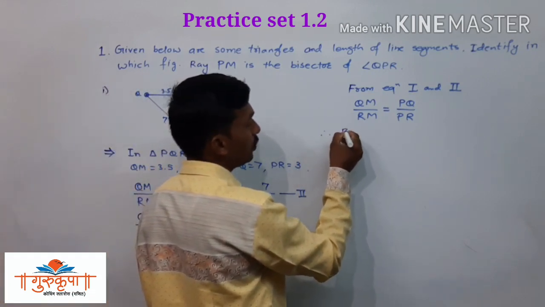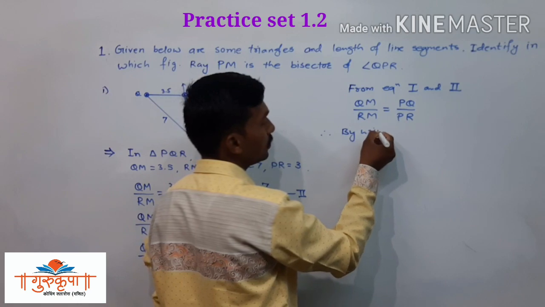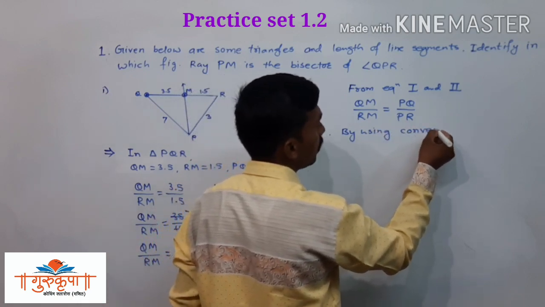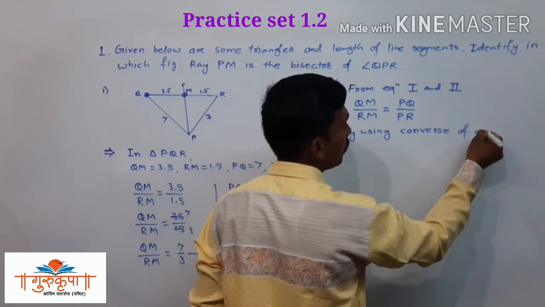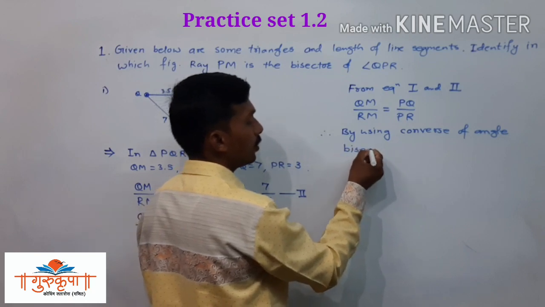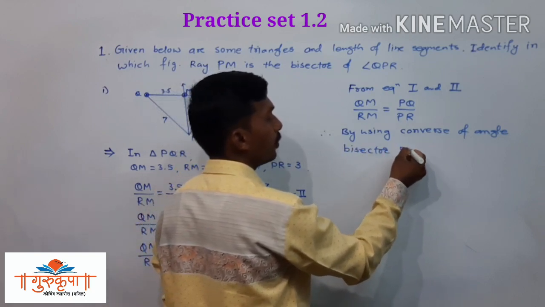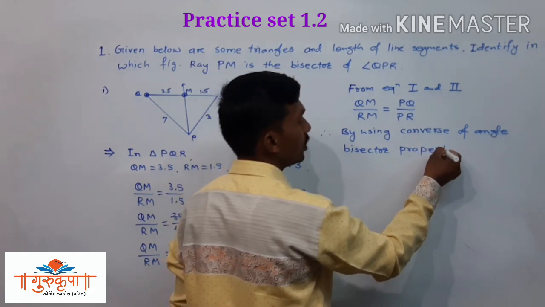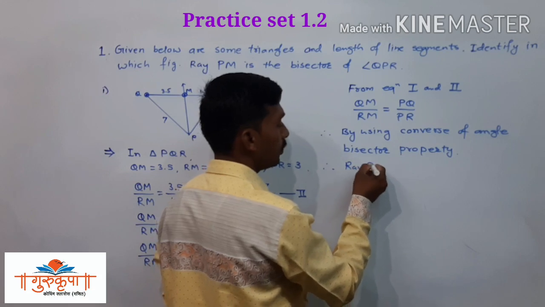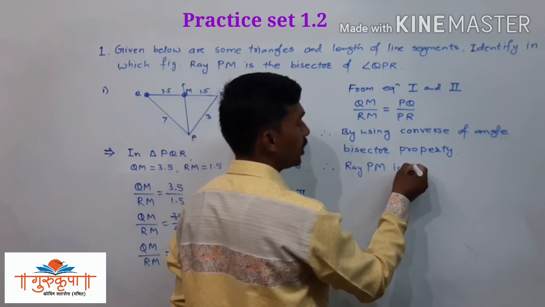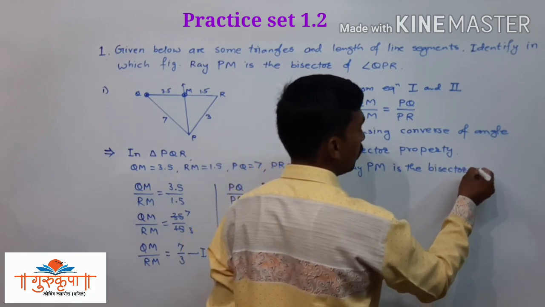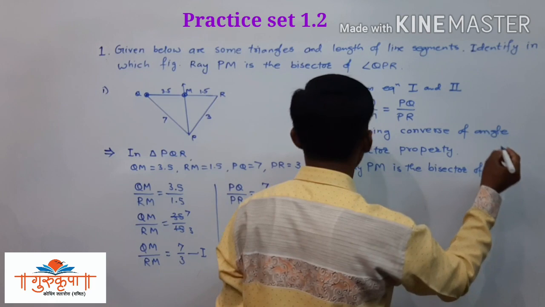Therefore, by using the converse of the angle bisector property, we can write that ray PM is the bisector of angle QPR.